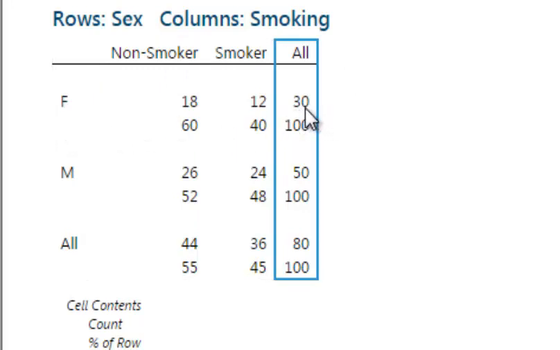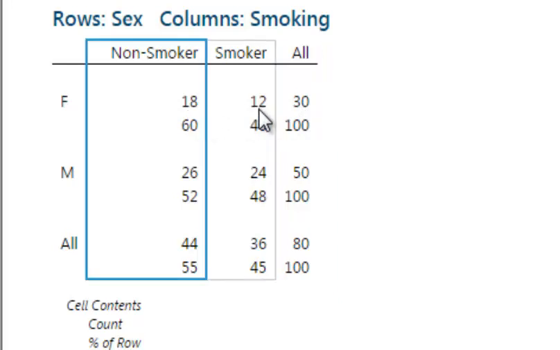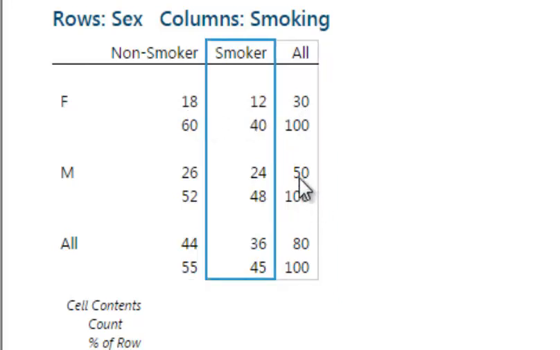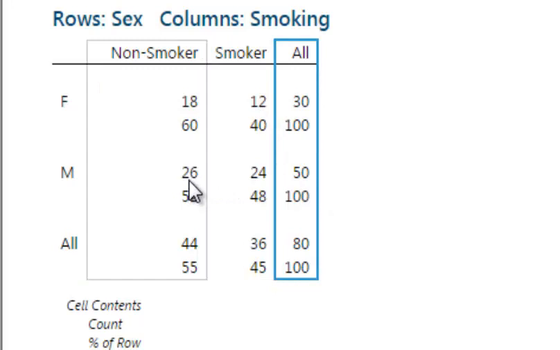We have 30 females in our data and we have 50 males in our data, and the total sample size is 80. Out of 30 females, 18 are non-smokers, 12 are smokers. Out of 50 males, 26 are non-smokers, 24 are smokers.